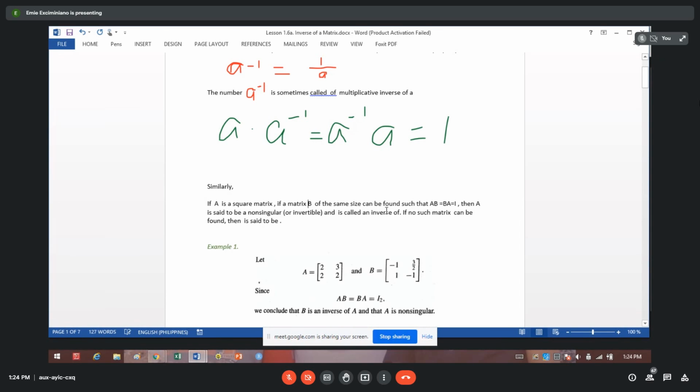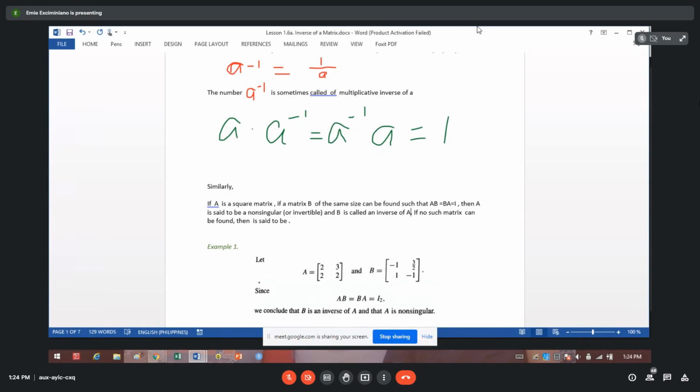Okay, it's invertible. And B, or the other way around, if B is called an inverse of A, and B is called an inverse of A, and then it's a period.